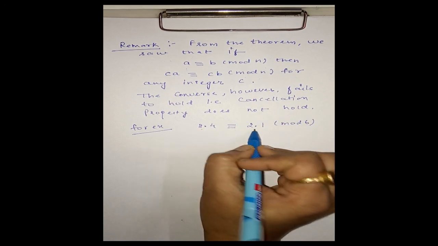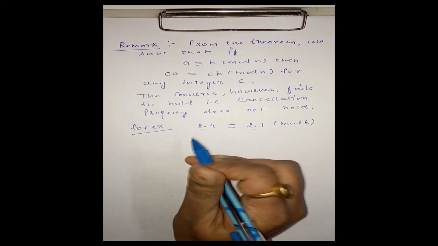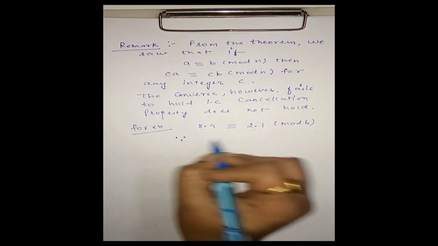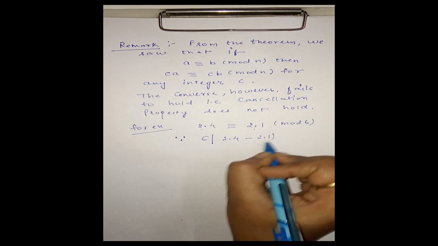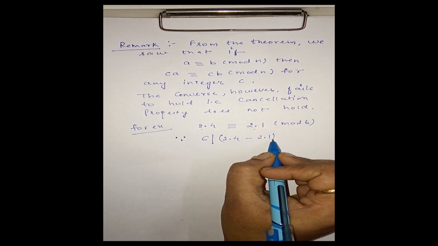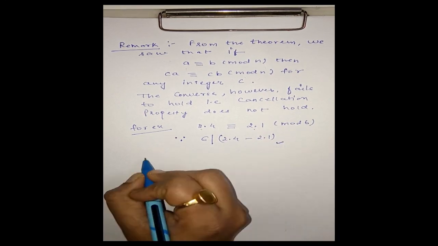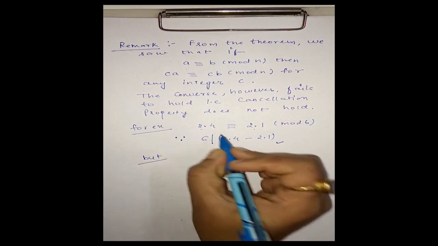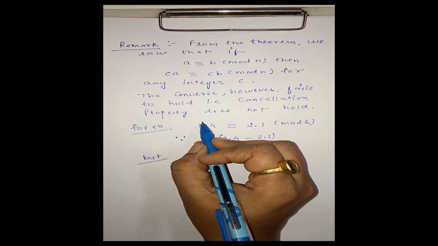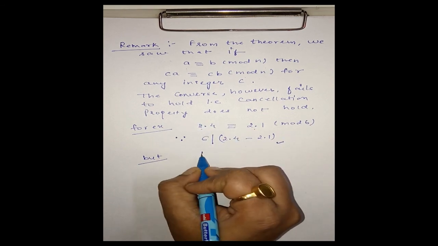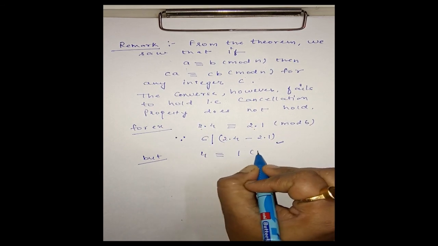Here C is 2. This congruence holds since 6 divides 2 into 4 minus 2 into 1. This is 8 minus 2, that is 6. This holds, but on cancelling this 2 from both sides, this will give 4 congruent to 1 modulo 6.